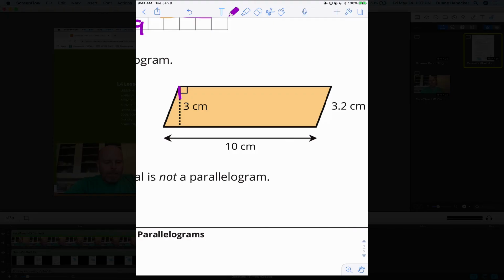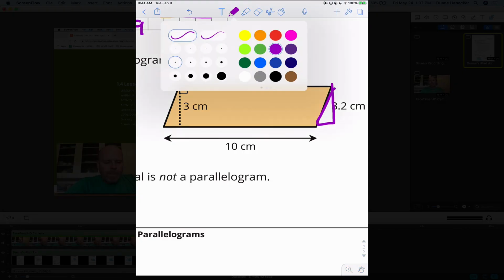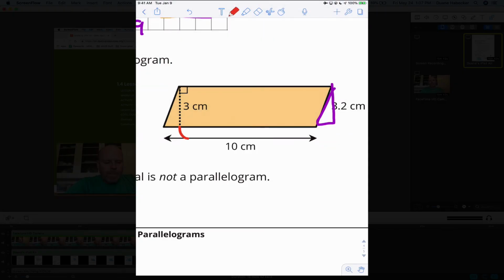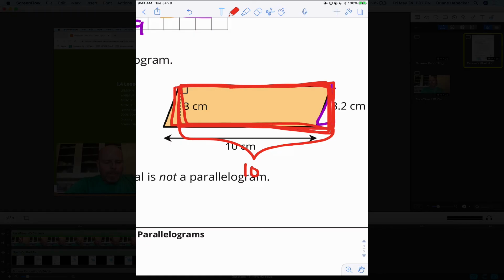So if I take this little piece right here and move it over here, I know that the width or the base of this new resulting rectangle is still 10. Here's the new rectangle right here.